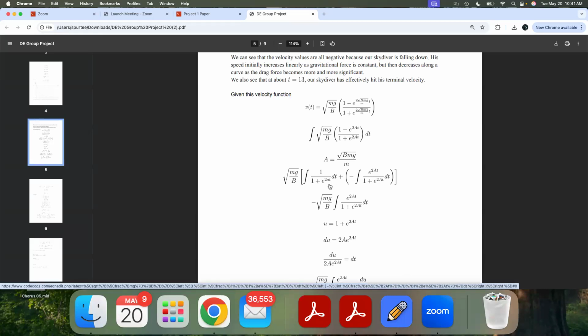For the one that looks like this, multiply top and bottom by e to the negative junk. So you end up with e to the negative junk, then on the bottom, e to the negative junk plus 1. And then your u is the bottom, your du is on the top. Same thing here. I want to make sure I said this right. Your u here is the entire bottom, du is the top.